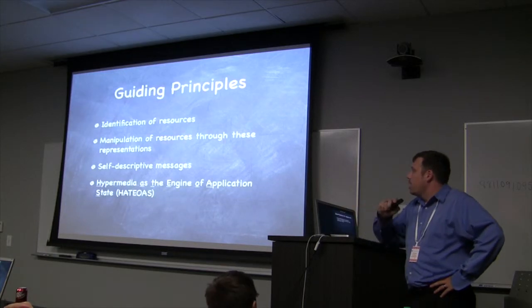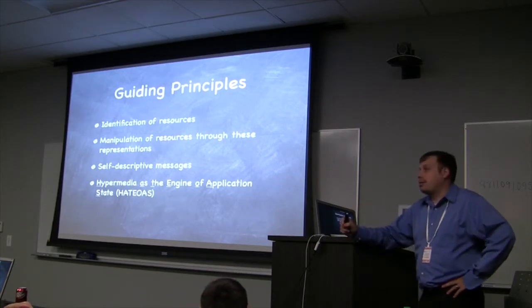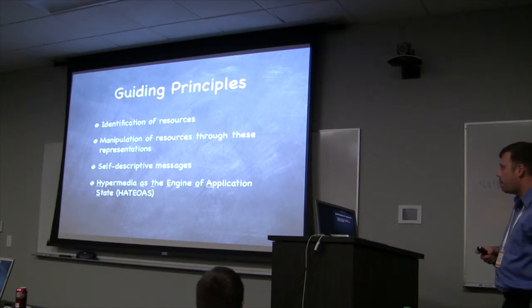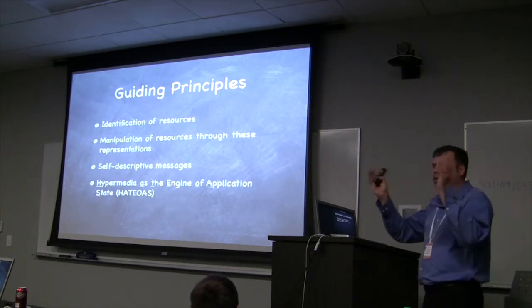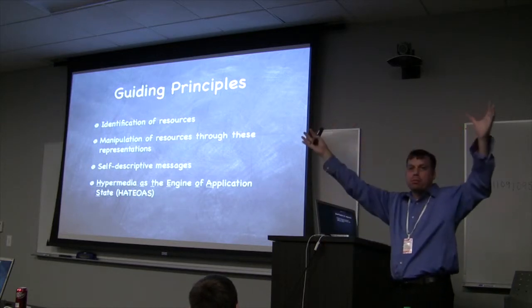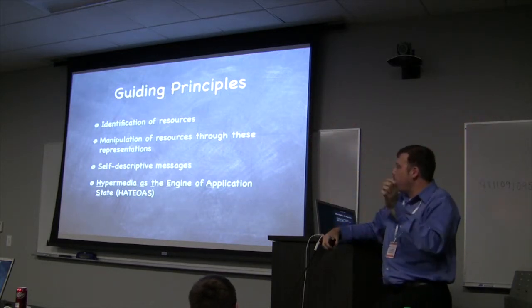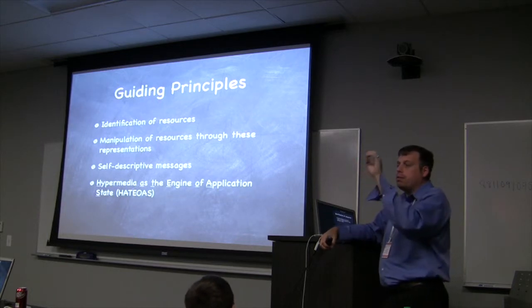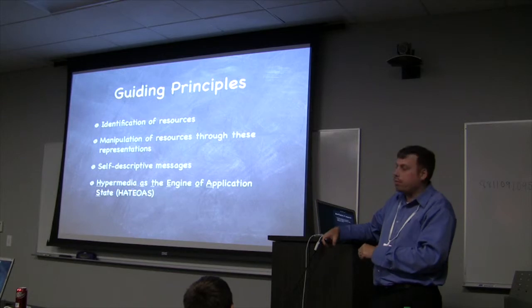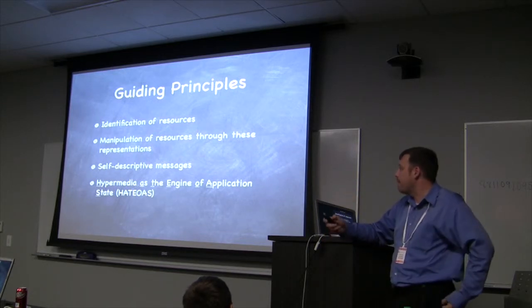All right. Some of the guiding principles of REST. Identification of resources. When you have a URI, or URL, but URI is the technically correct term because it's more encompassing, you should be able to look at it and immediately be able to tell which resource you are talking about. That's the first guiding principle of REST.